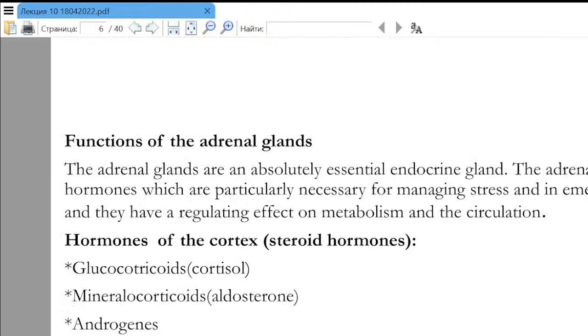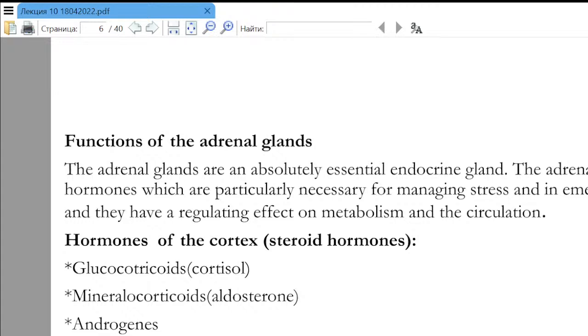Functions of the adrenal glands. The adrenal glands are an absolutely essential endocrine gland. The adrenal glands form hormones which are particularly necessary for managing stress and in emergency situations, and they have a regulating effect on metabolism and the circulation.